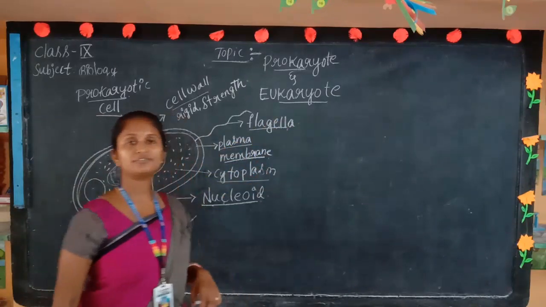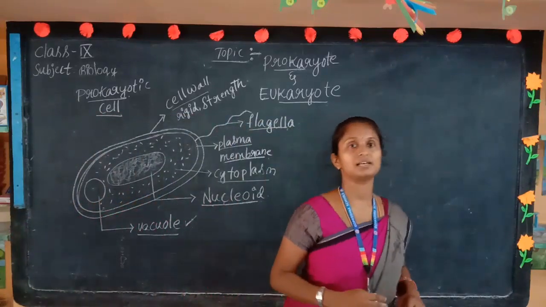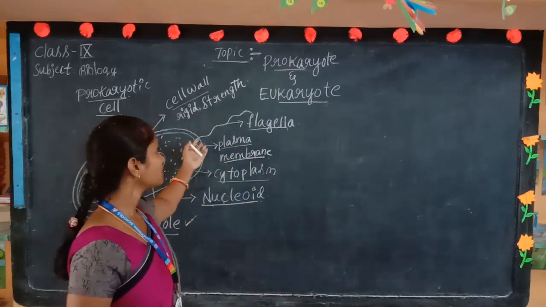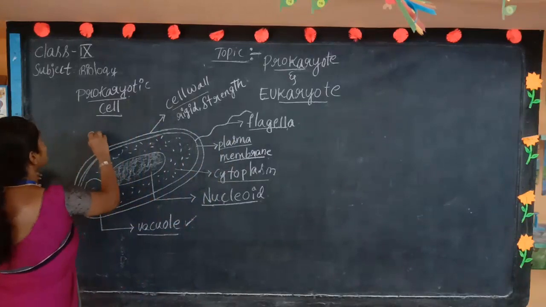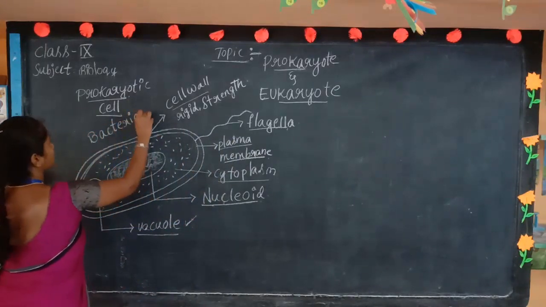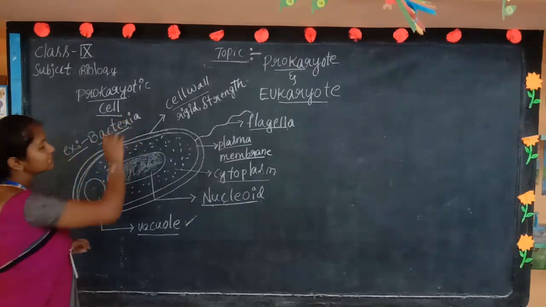Flagella help a cell to move from one place to another, as in bacteria. This is the prokaryotic cell. Example, bacteria. This is the best example of a prokaryotic cell.